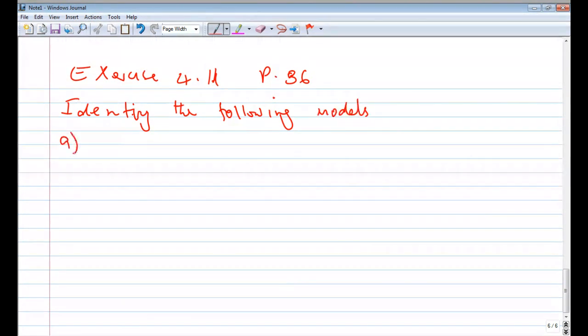Okay, number 1: 1 minus 0.8B, 1 minus B, xt, then zt.